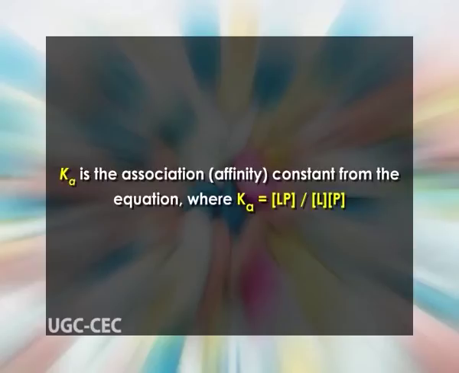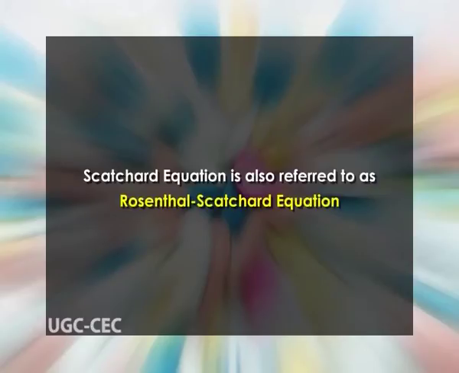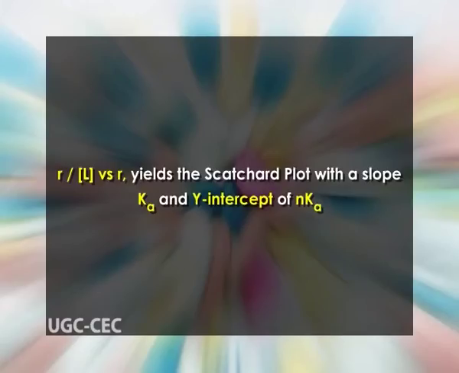Ka is the association or affinity constant from the equation, where Ka is equal to Lp divided by L into P. The Scatchard equation is sometimes referred to as Rosenthal-Scatchard equation. Plotting these data, that is R divided by L versus R, yields the Scatchard plot with the slope Ka and a y-intercept of NKa.